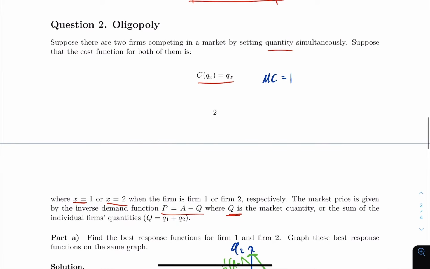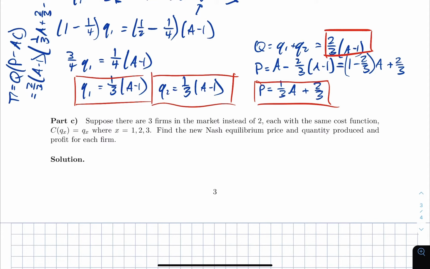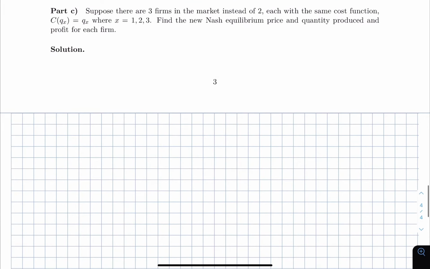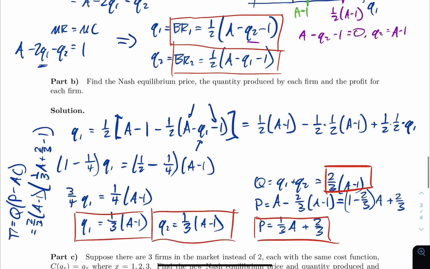Okay, so the last part here is, let's say we have 3 firms instead of 2, each with the same cost equation. So the idea here is to find the Nash equilibrium. So the same idea applies.